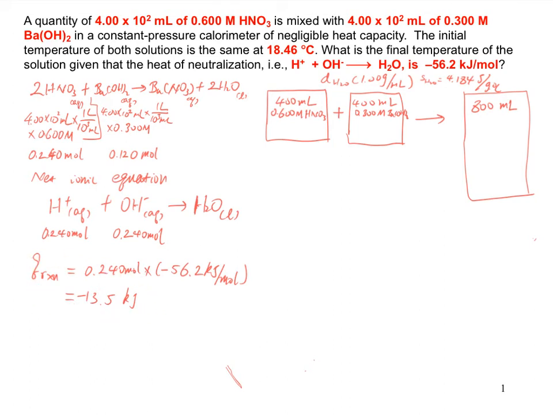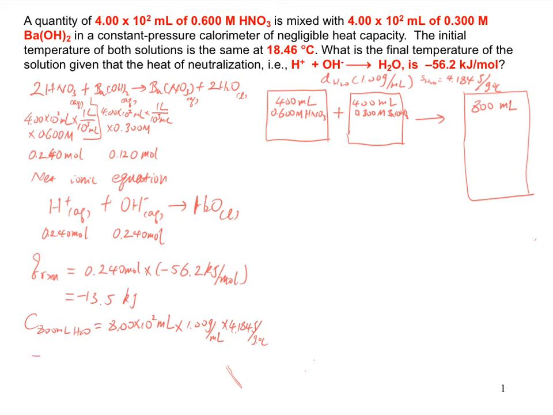To calculate the temperature rise after mixing, we need to calculate the heat capacity of the water. The heat capacity of 800 milliliter of water, 8.00 times 10 to the second milliliter, is volume times density times 4.184 joule per gram per Celsius.